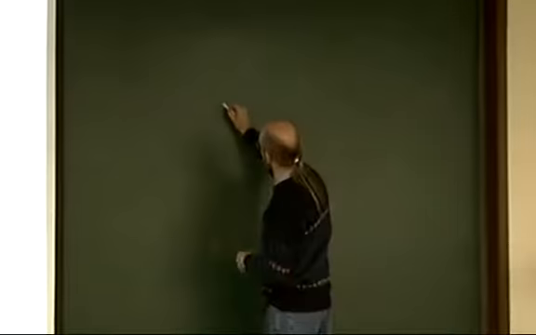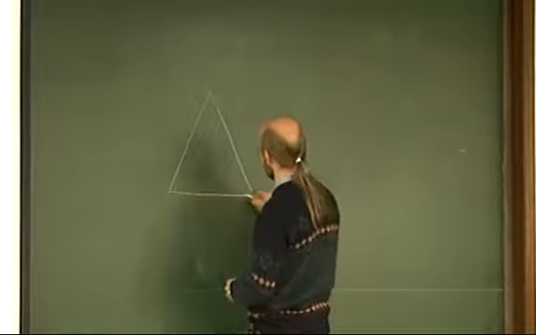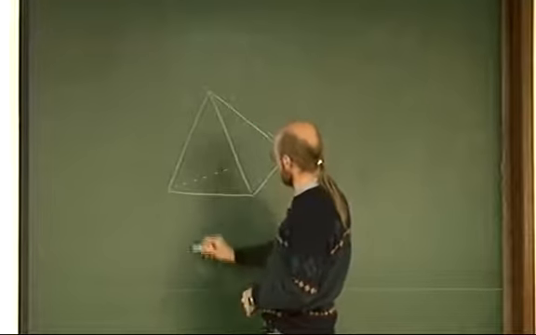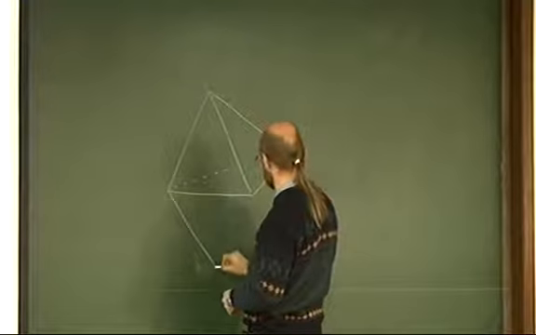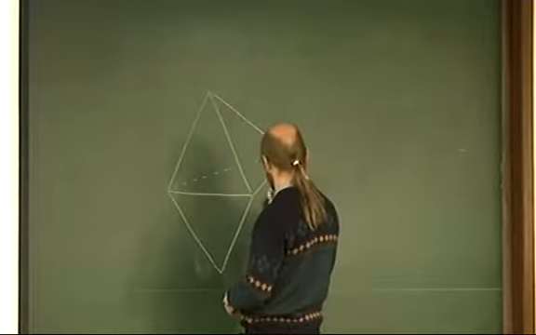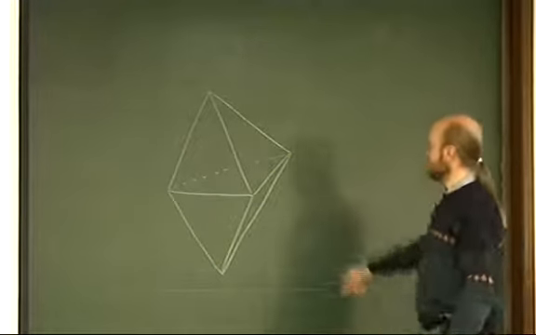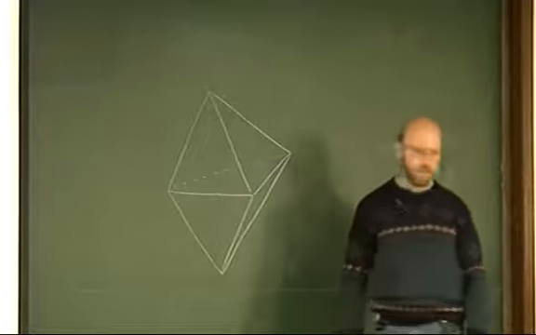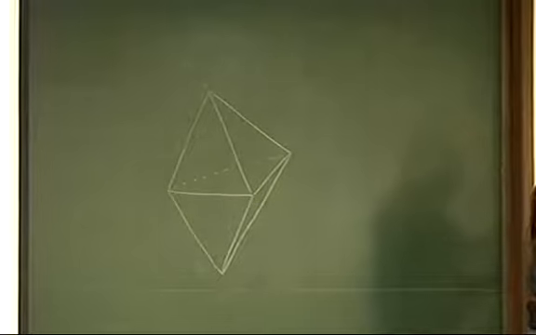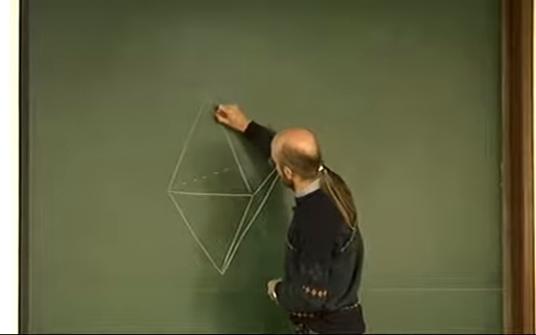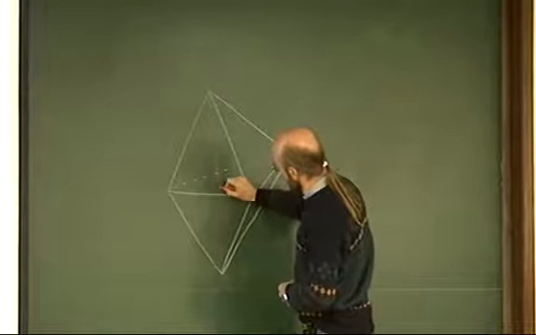So there's a few basic moves that you can do here. Two basic moves are these, I'll call them 2 to 3 and 3 to 2 moves. So if you imagine you have two tetrahedra meeting along a triangle in the middle, then you can change the triangulation by adding an extra edge. So we put an edge going through the centre here.